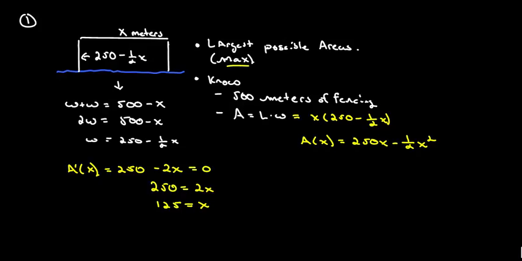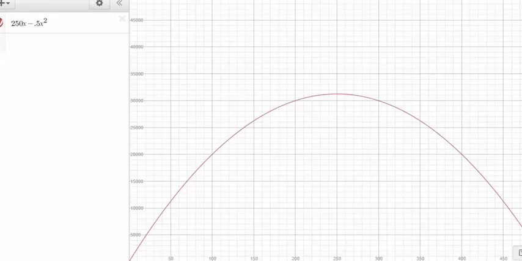That doesn't look right. Let's see here. We have 250 minus, not 2x, sorry, just minus x when I take the derivative here. My fault, I did that in my head wrong. 2 times a half is 1, not 2, so 1 times x is just x. Move this over, that means x is 250. Now that looks much better.